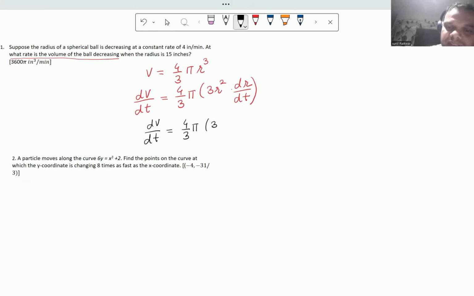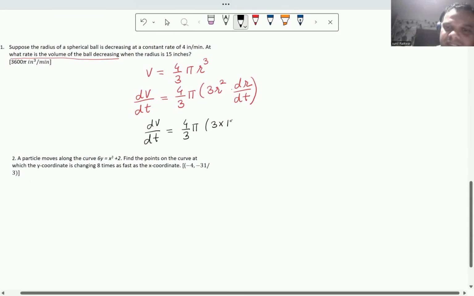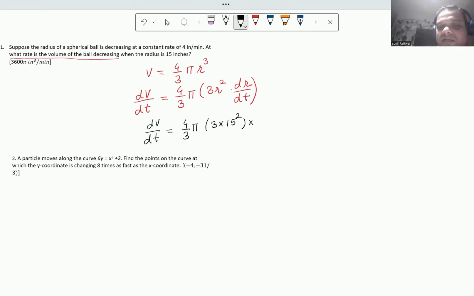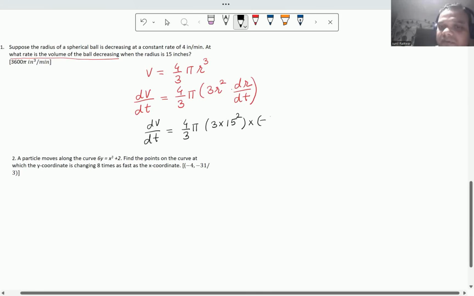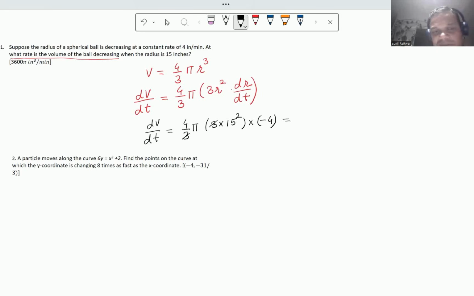So 3 times 15 square. What is dr over dt? It is decreasing at a constant rate of 4, so better to put negative 4. Now you just simplify this. 15 square is 225. 225 times 4 times negative 4. So I have the answer.